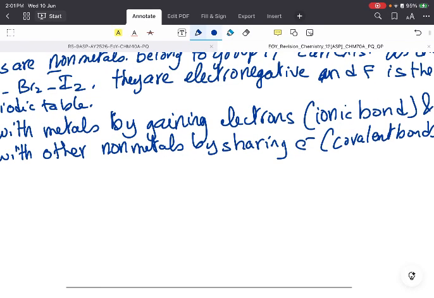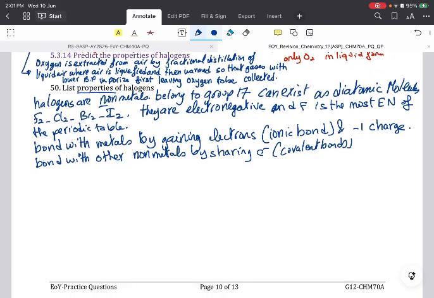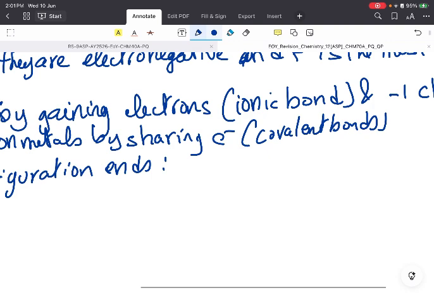Most of them belong to group 17, so their electron configuration ends like this. F ends 2s2 2p5. Cl ends 3s2 3p5.